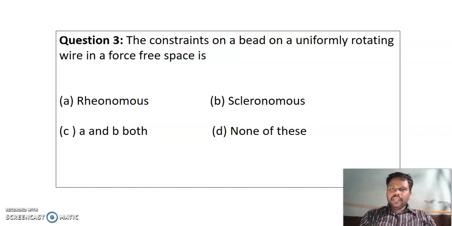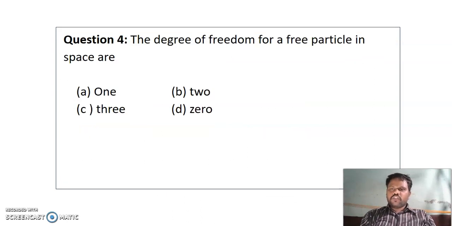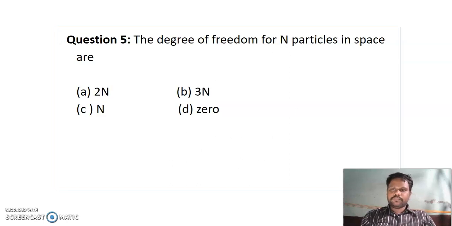Question number 3. The constraint on a bead on a uniformly rotating wire in a force-free space is an example of rheonomic constraint. Question number 4. The degrees of freedom for a free particle in space are? The answer is 3.